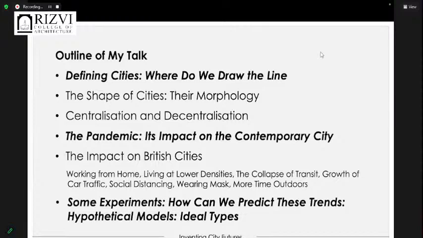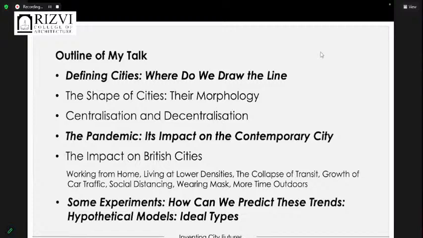The shape of cities is often referred to as their morphology. And there are two major forces in the development of cities, and these have played against each other for probably hundreds of years, and certainly since the beginning of the Industrial Revolution about 250 years ago.